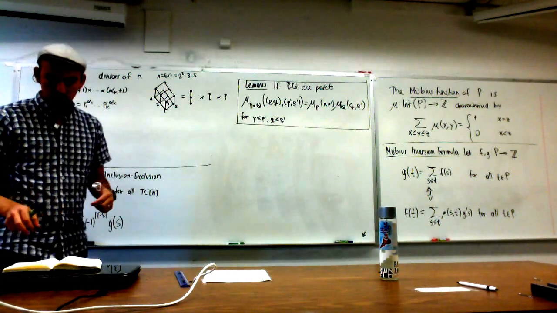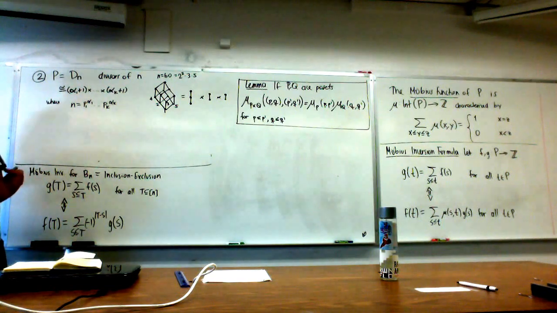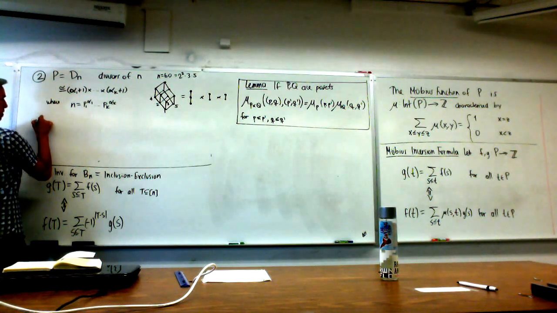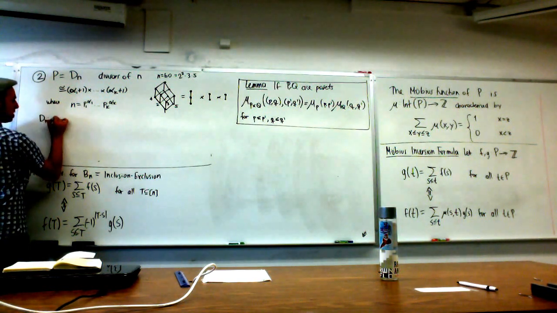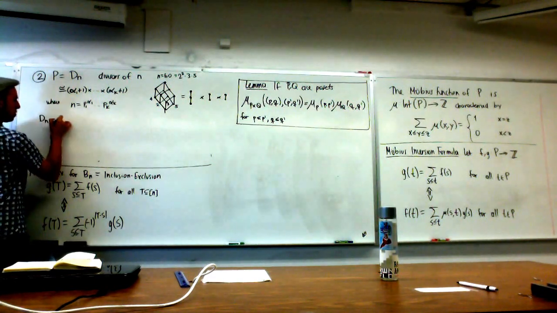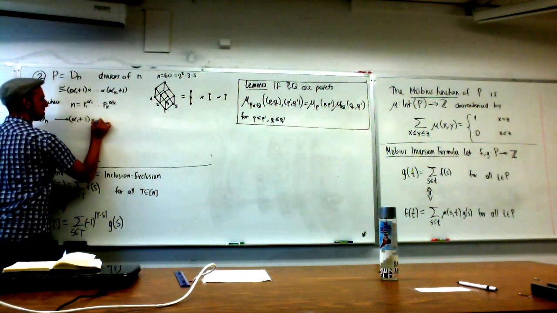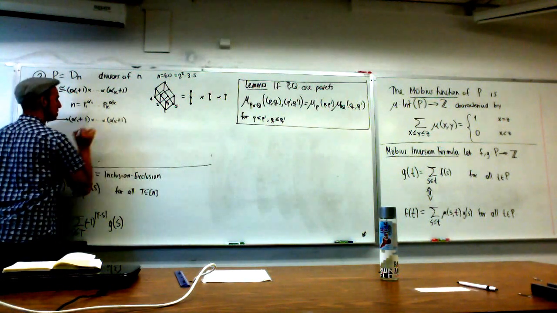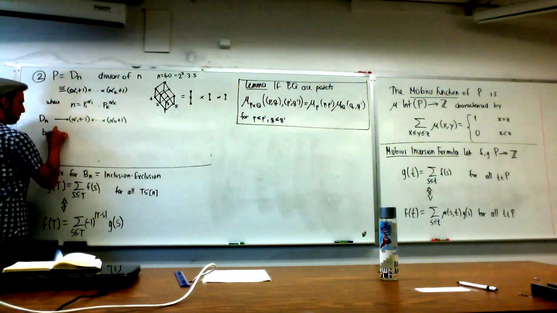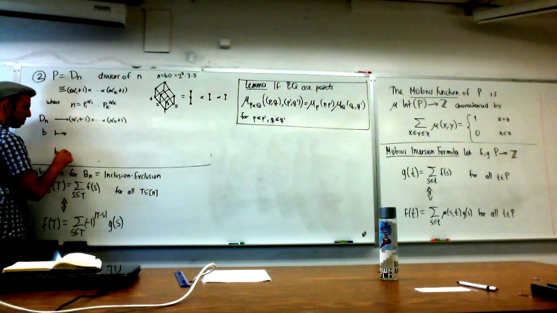So what is the isomorphism from Dn to this product? What it is that if you take a divisor, let's call it B, then you just figure out what the prime factorization of it is.